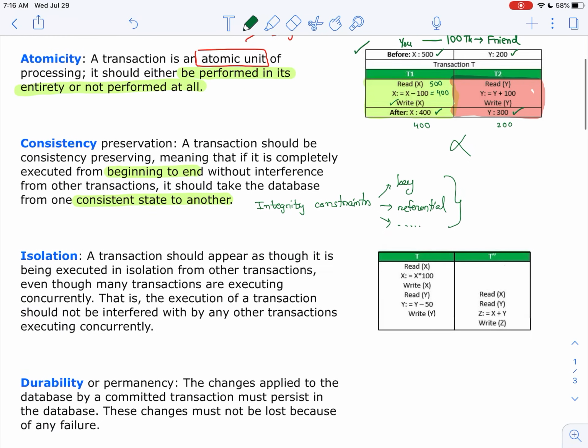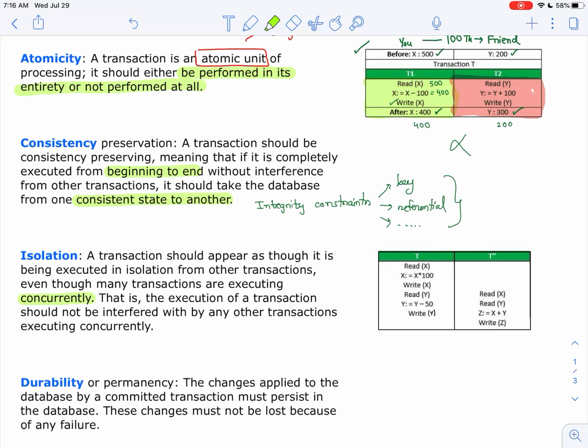Okay, next up we have isolation, which is the I in ACID properties. A transaction should appear as though it is being executed in isolation from other transactions, even though many transactions are executing concurrently.